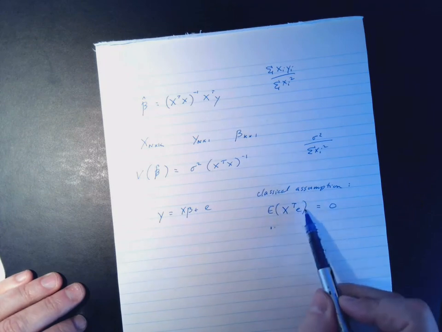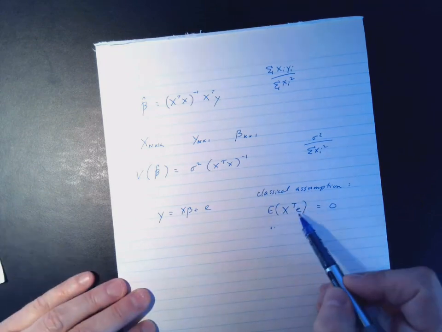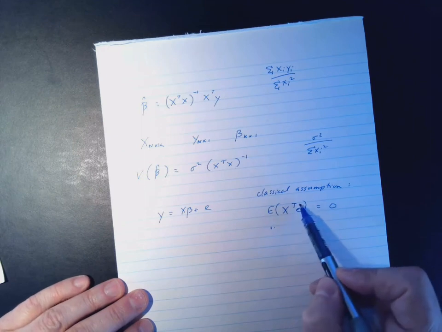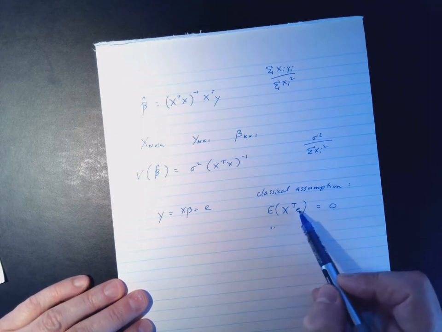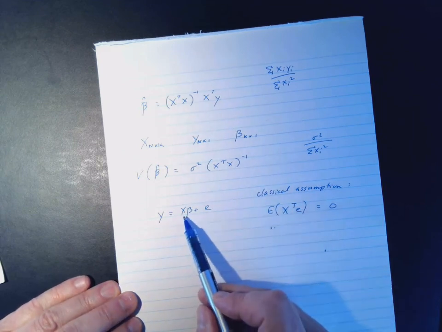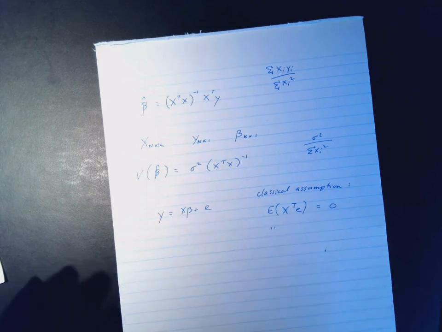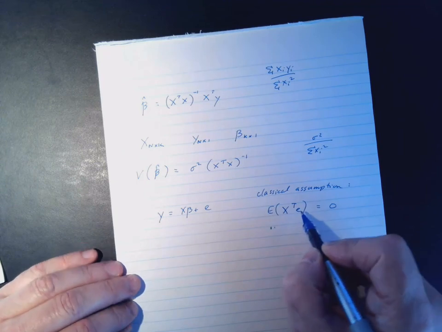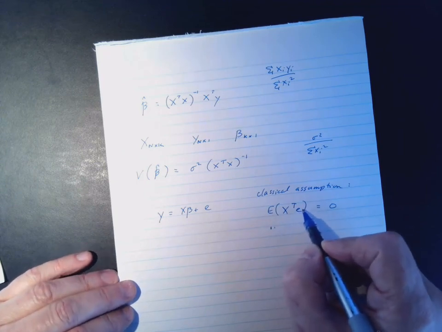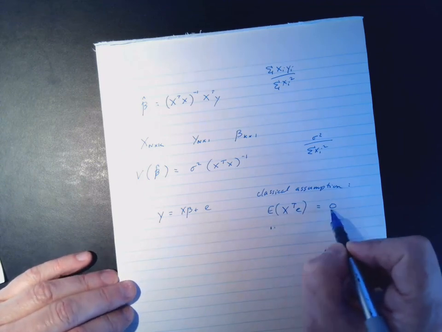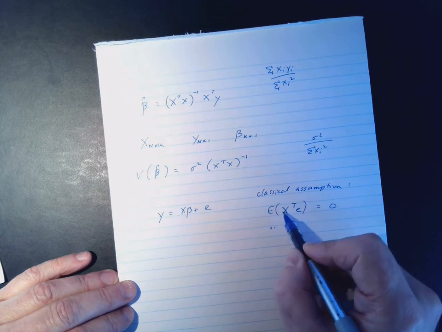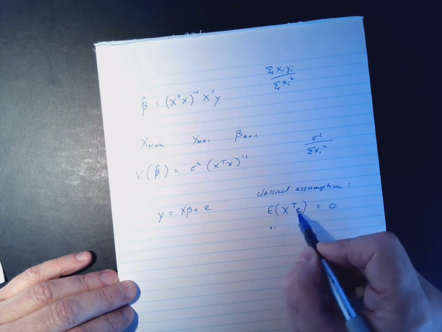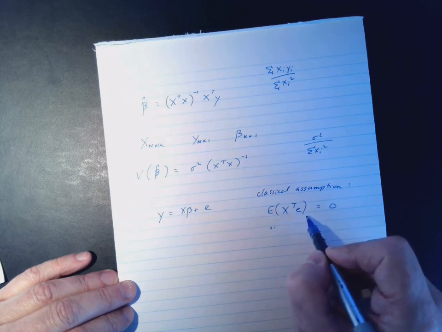We haven't seen this version of it. Obviously, we haven't used matrices up until now, but at some times along the way, I've hinted that x's being non-random can be expressed a few different ways, and this is actually what we require, that the expectation of X transpose e equals 0.